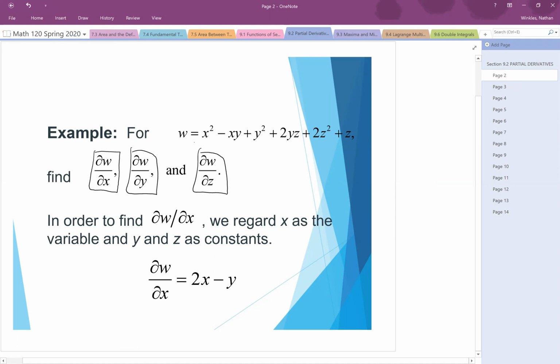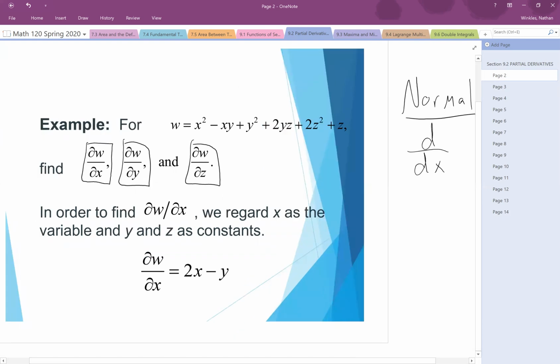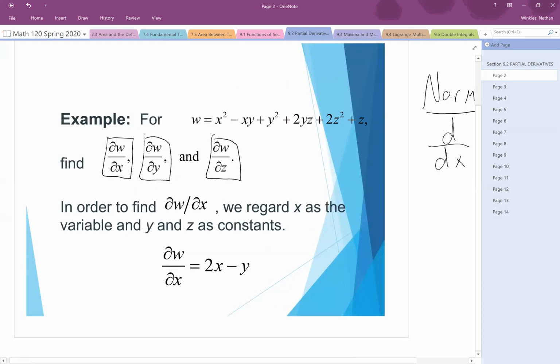Yes, I know in class, like I've told y'all before, I normally write script d's as my derivatives, but understand that a normal derivative normally has dx. Notice over here we have script d. So the script tells us that we're going to use a partial derivative.